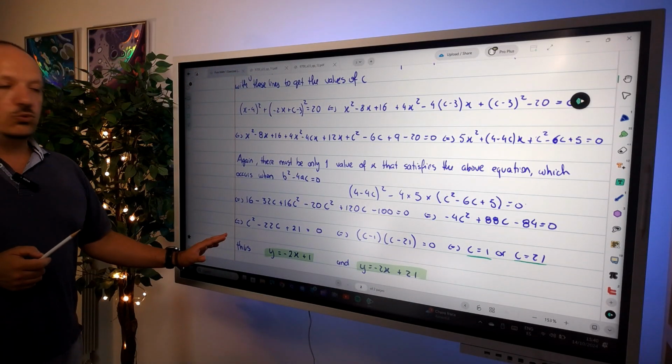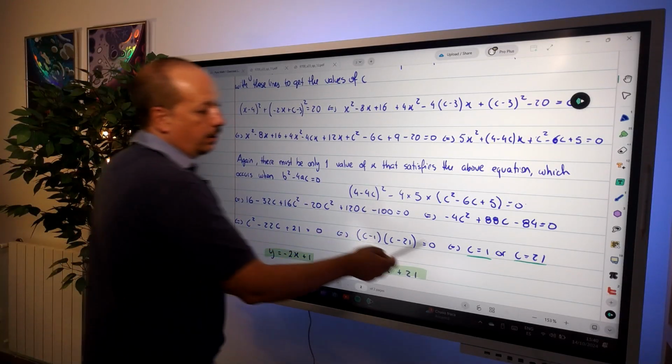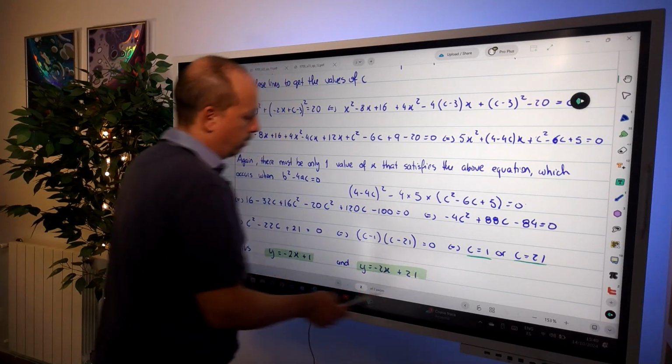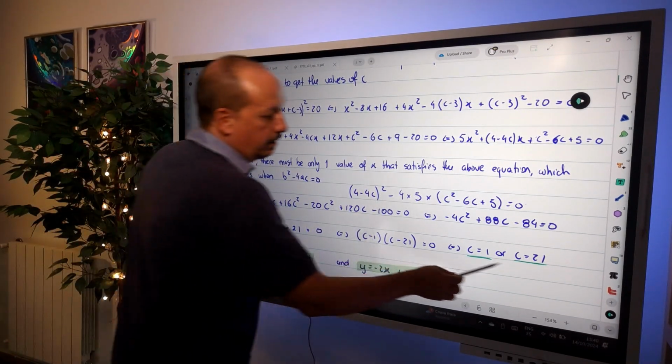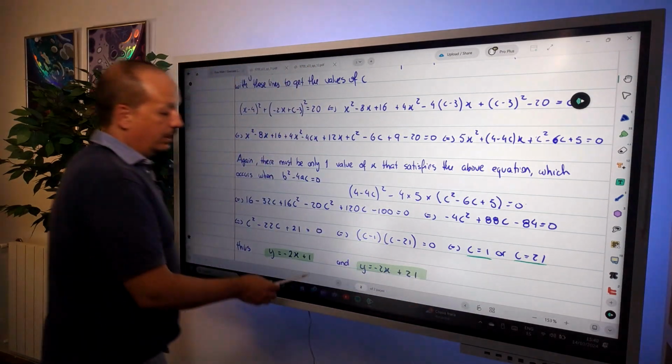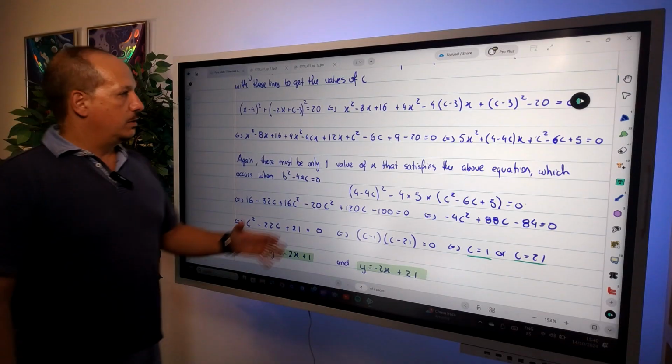So the equations that you want, the equations of the two tangents: one is for when c is 1, so it's going to be y equals minus 2x plus 1. And the other one is when c is 21, so y equals minus 2x plus 21.